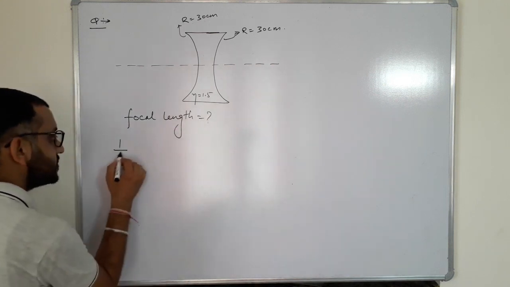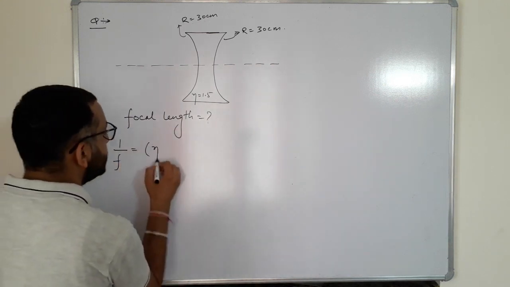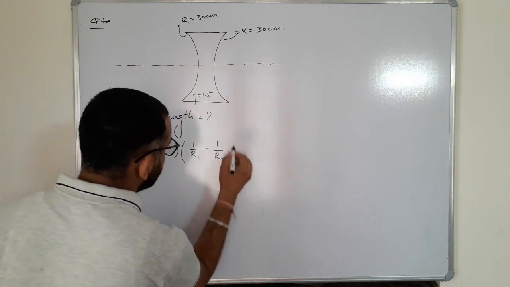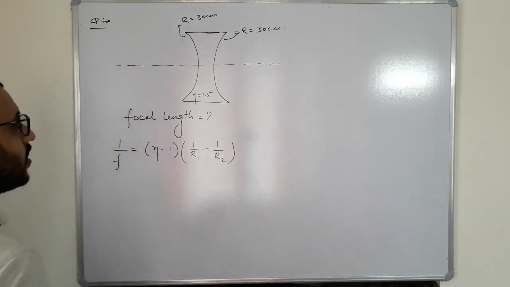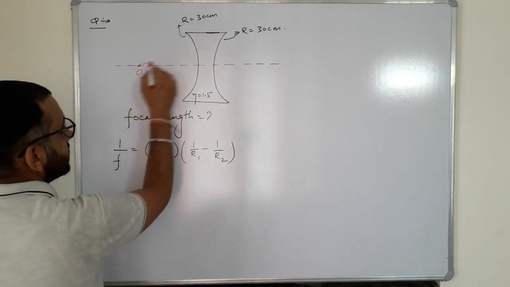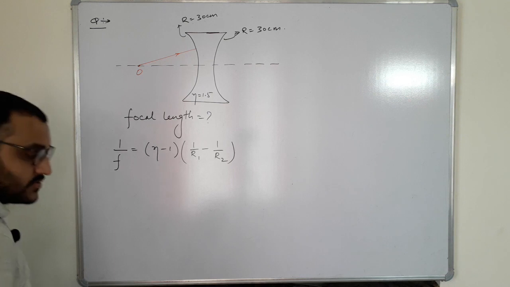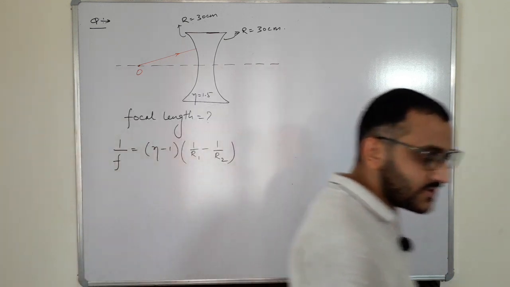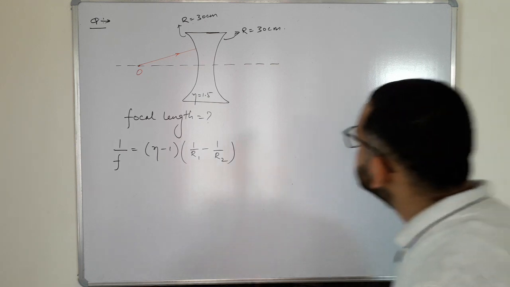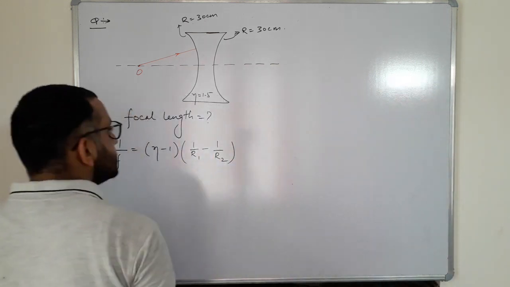As we know that expression is 1 by f equals to (μ minus 1) times (1 by R1 minus 1 by R2). If we observe, suppose the object is placed here and the ray is coming like this. The first surface radius of curvature is 30.